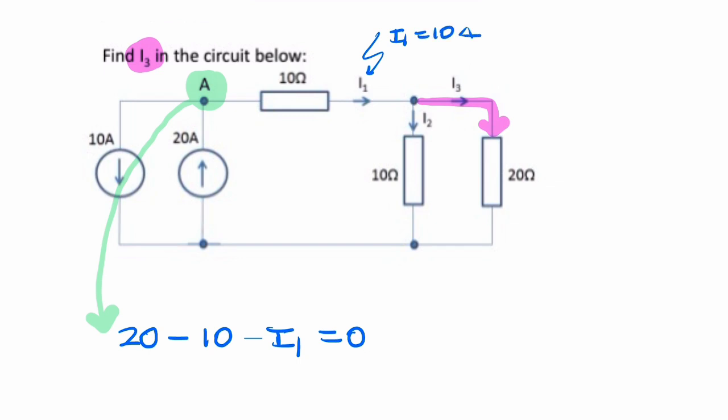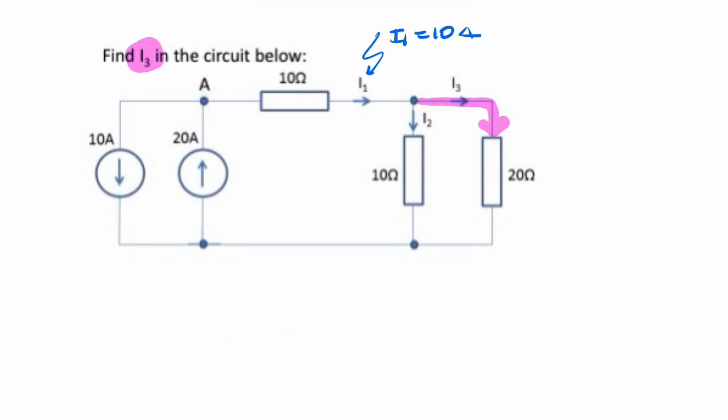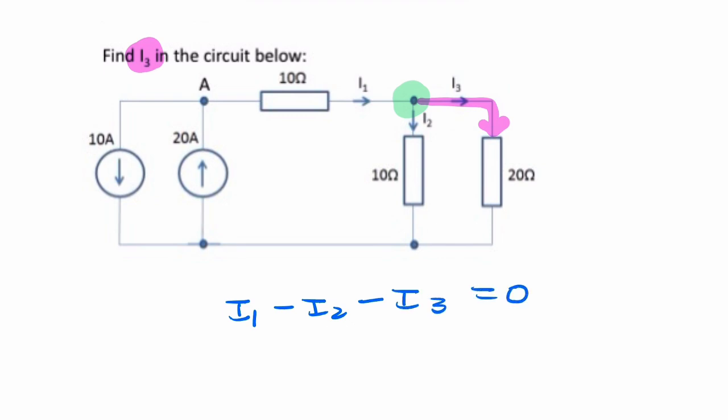So now we know that we have 10 amperes going this way. That splits into I2 and I3. So we can now apply Kirchhoff's current law again at this junction here. So we can say I1 minus I2 minus I3 equals 0.